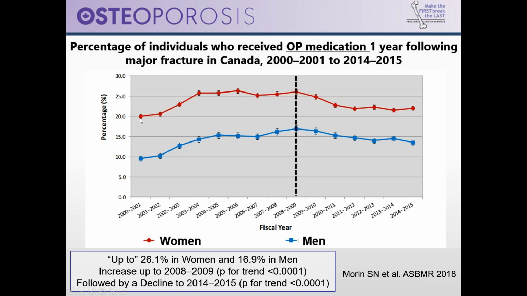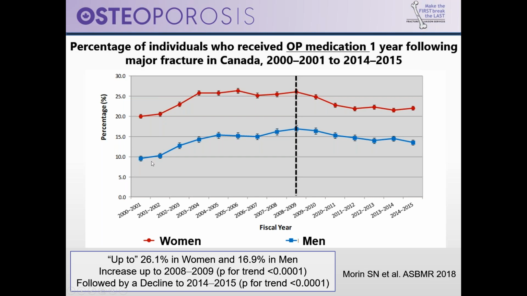So you can see that between 2000 and 2009, there's a slight increase in the rate of osteoporosis treatment within 1 year of a major osteoporotic fracture. But you can see that at the peak in 2009, only 26% of women had been offered osteoporosis treatment.